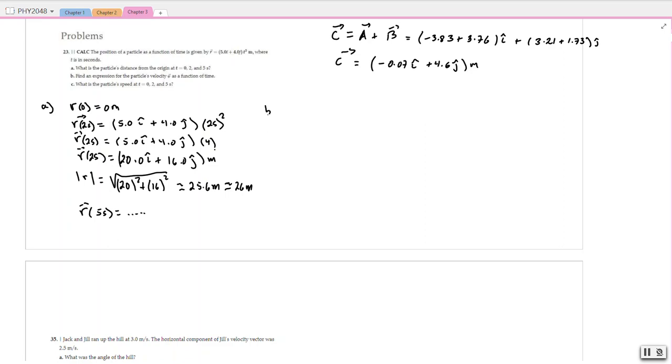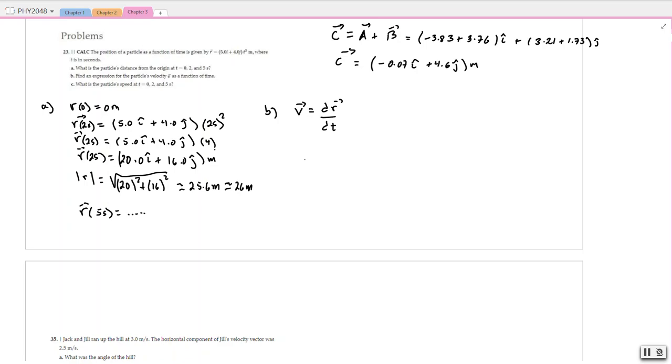In the second part, they say find the expression for the particle's velocity v as a function of time. So what we know in this case, we know that v is the first derivative of the position with respect to the time.